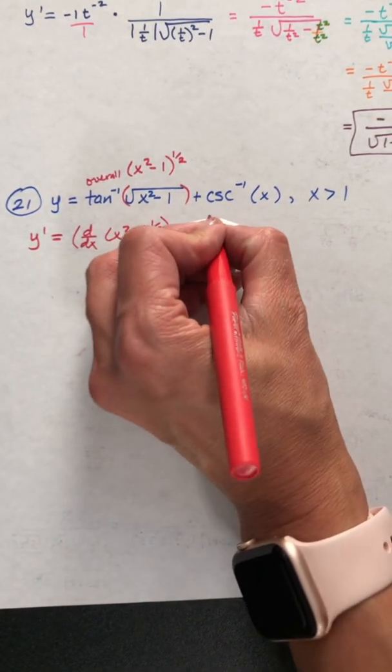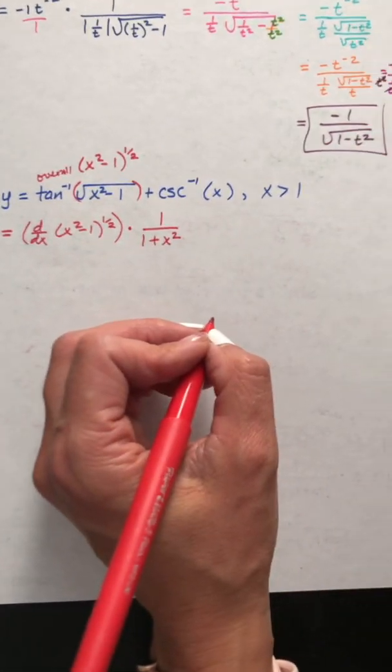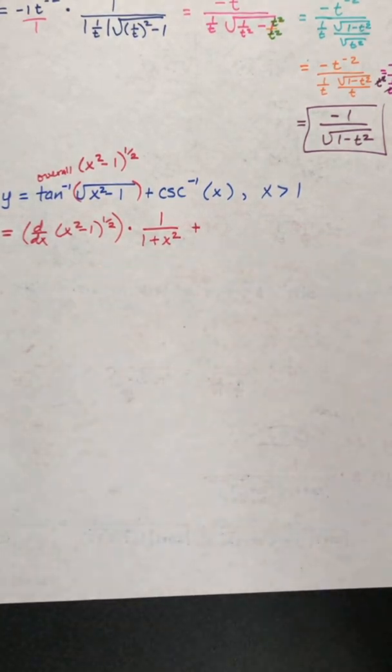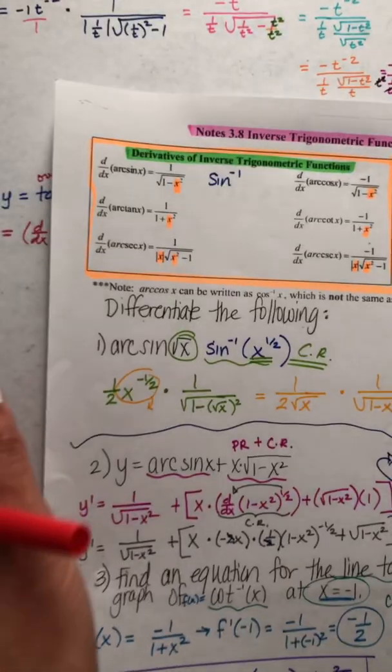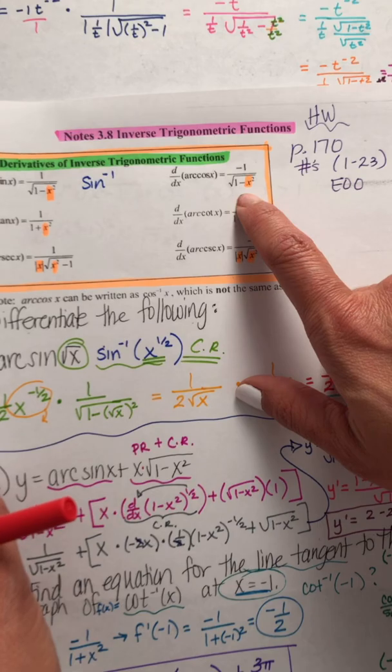So times 1 over 1 plus x squared. Okay? Plus cosecant inverse of x. There's nothing fancy. It's just an x. So it should be just the way it is in the little cheat sheet. So negative 1 over the square root of 1 minus x squared.